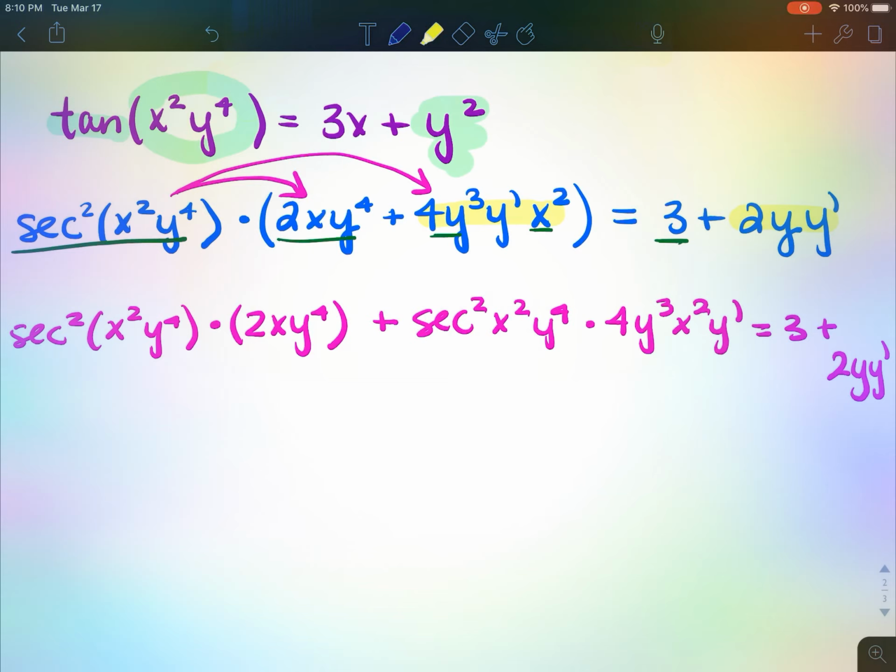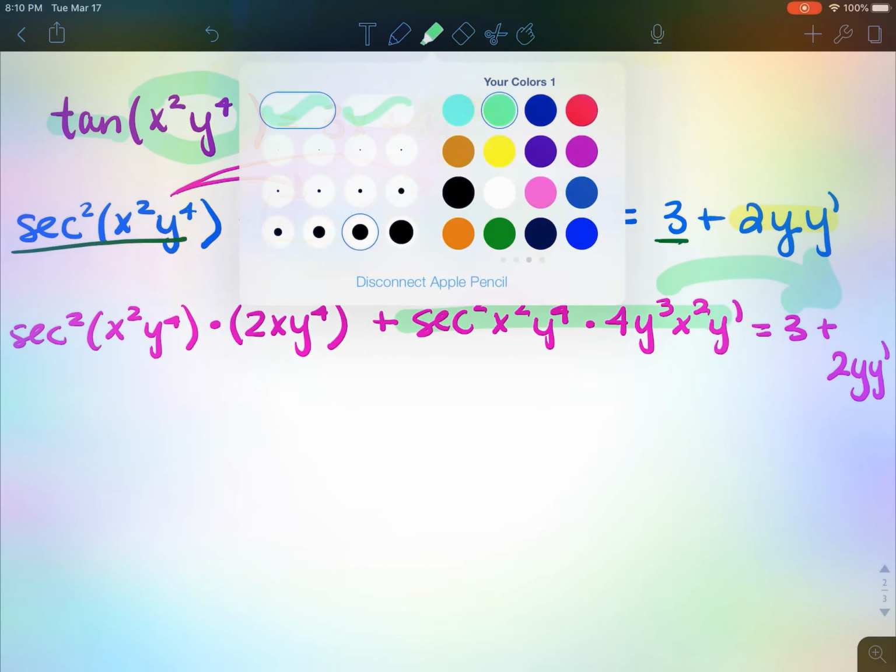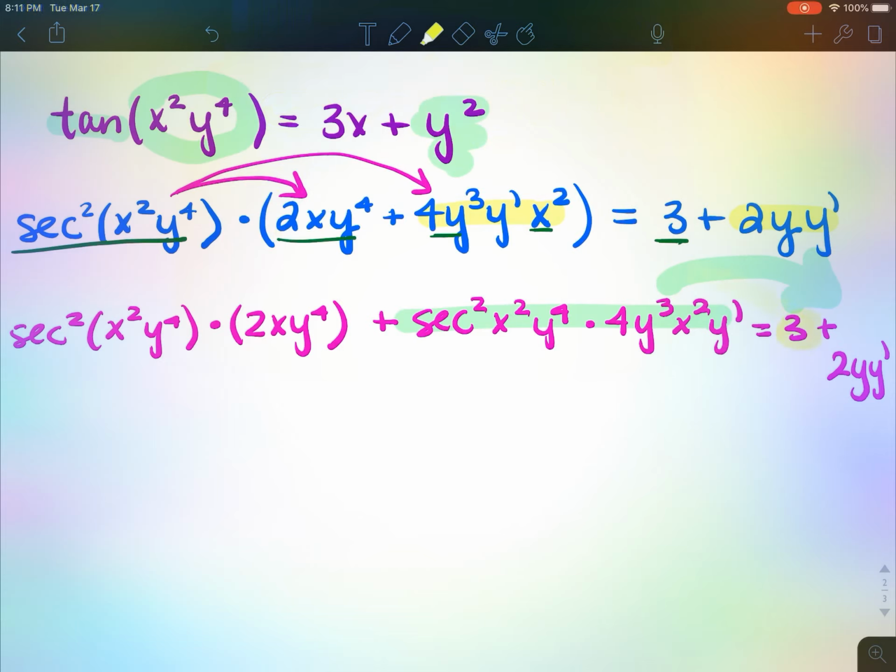Okay, so now what we can do is subtract them onto either side. I'm going to move this thing to this side of the equal sign, and I'm going to move this little 3 to this side of the equal sign.